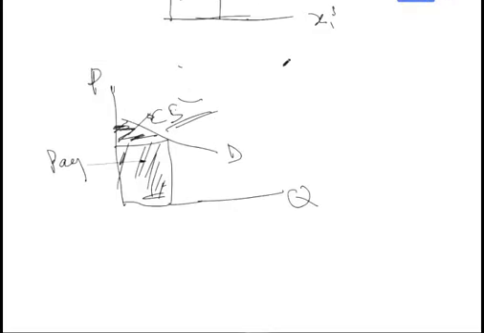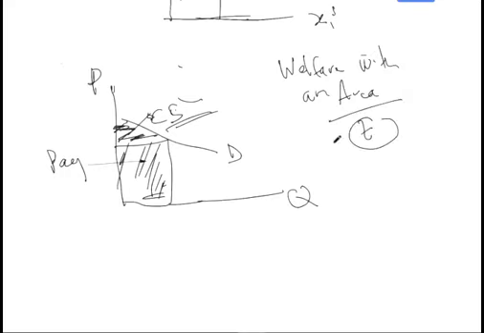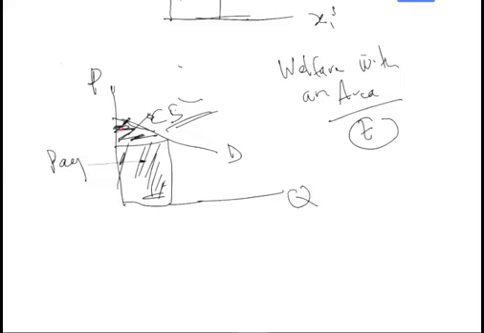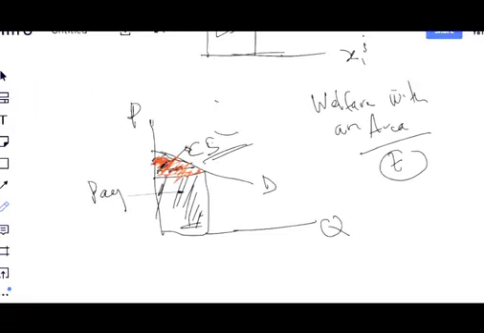So now we are saying we can measure welfare with an area, and the area is in taka. This is an area that I can measure.